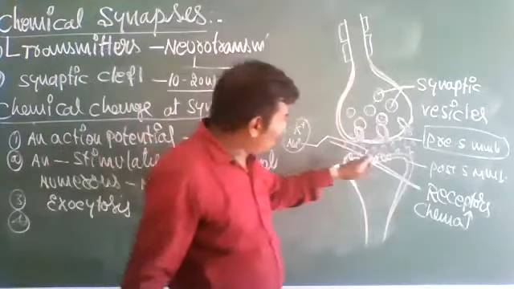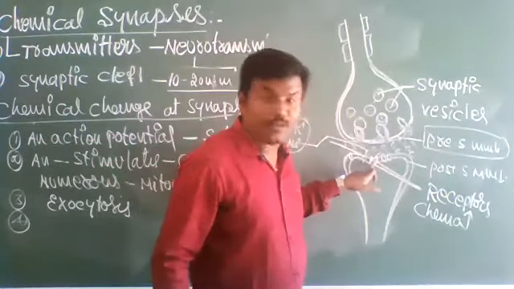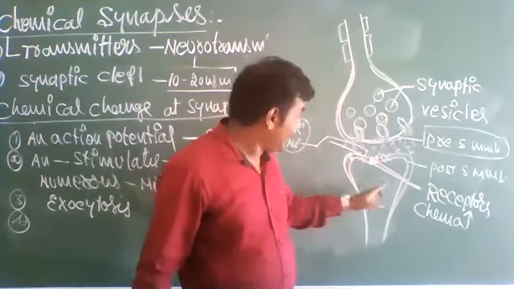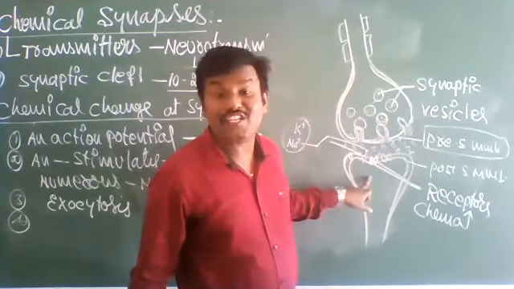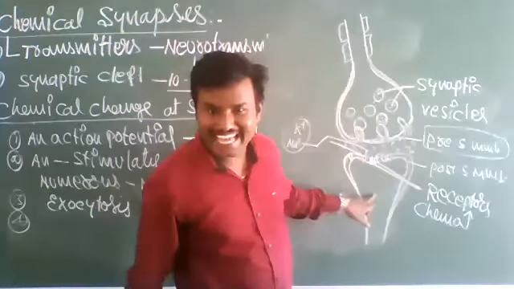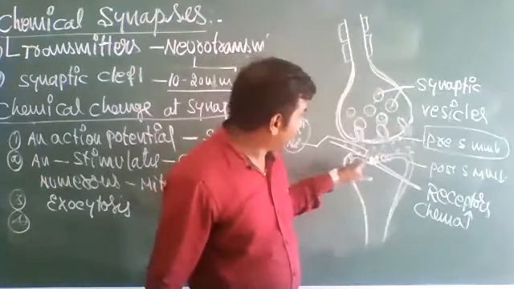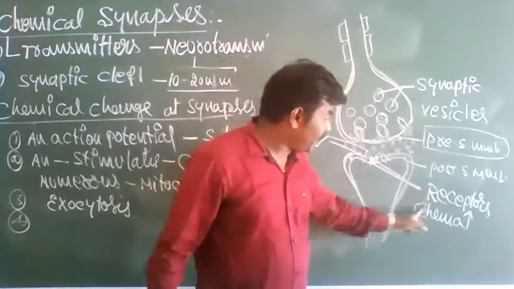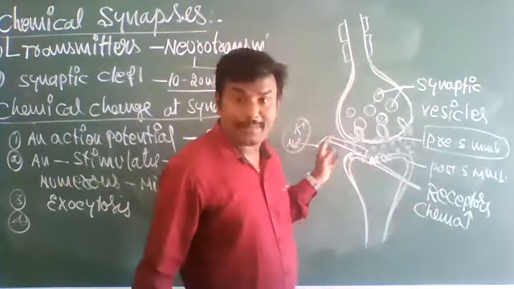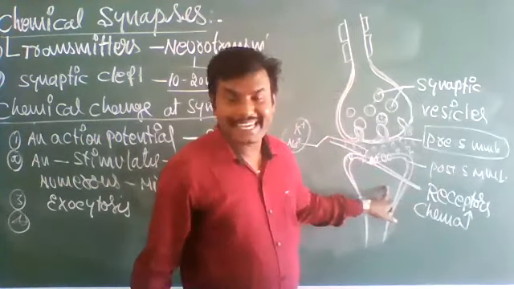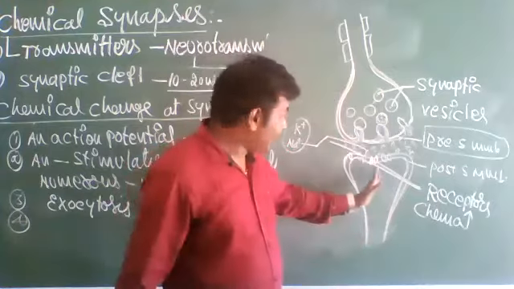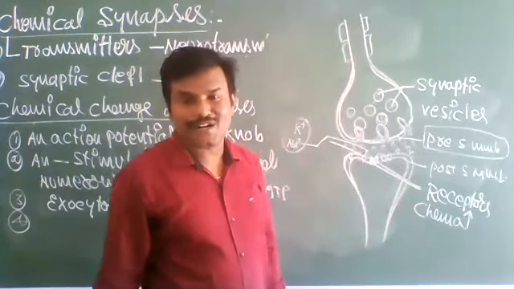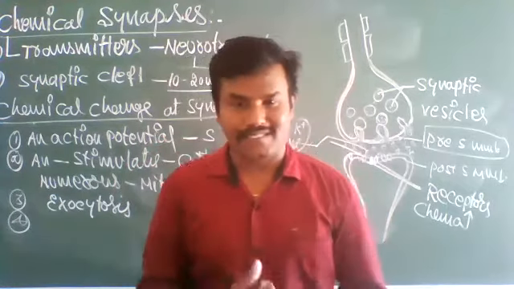The neurotransmitters attach to the chemoreceptors with the help of potassium ion and sodium ion gated channels. Here the second action potential is generated, and it continues. This is called chemical synapses.